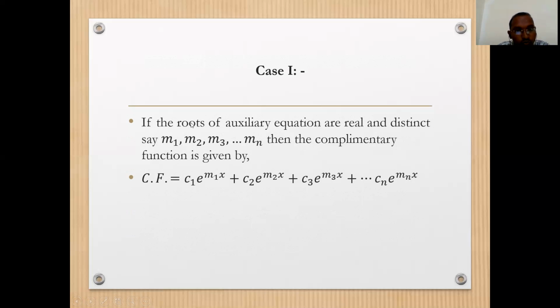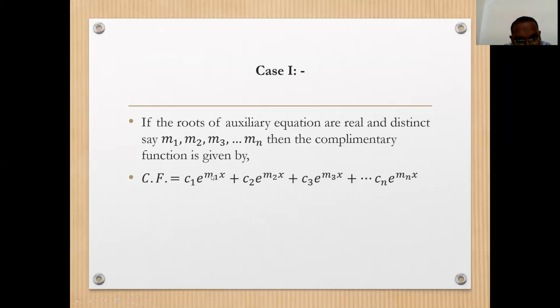If the roots of the auxiliary equation are real and distinct, say m1, m2, m3 up to mn, then the complementary function is given by C.F. is equal to c1 e^(m1 x) plus c2 e^(m2 x) plus c3 e^(m3 x) plus and so on cn e^(mn x). If the roots of the auxiliary equation are real and distinct, all roots must be real and all roots must be distinct, then we write the complementary function like this.